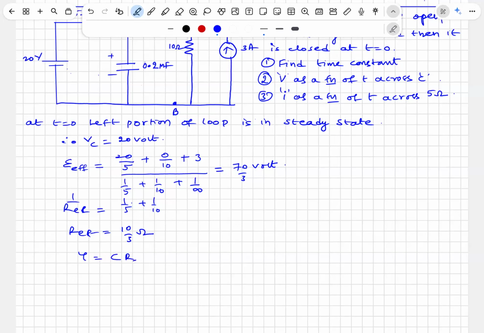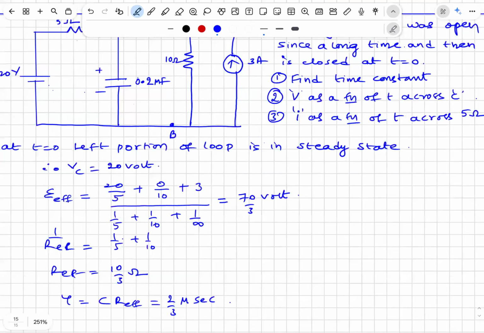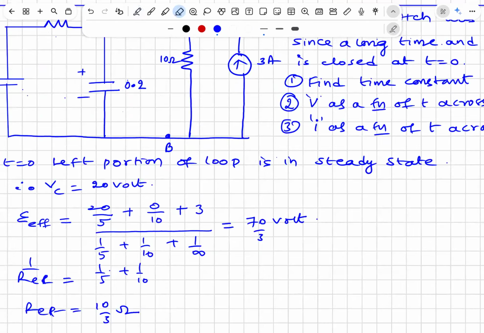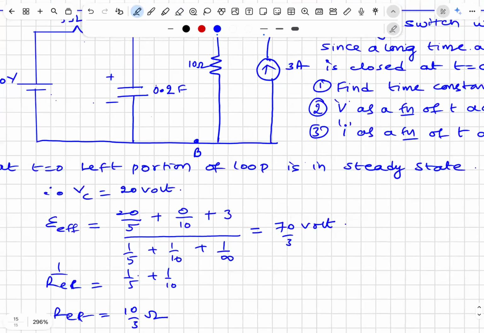C times R effective. 0.2 by 3 microsecond. Correct? 2 by 3 microsecond. Or is it 0.2 farad? Sorry, not microfarad, it's farad. You don't require micro here. It is simply seconds. So the first part of the question I have done.